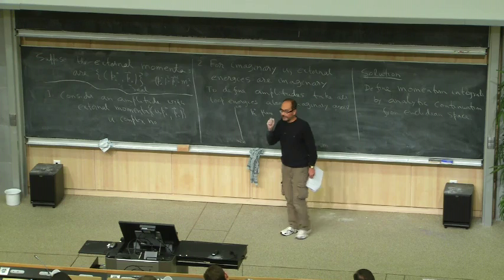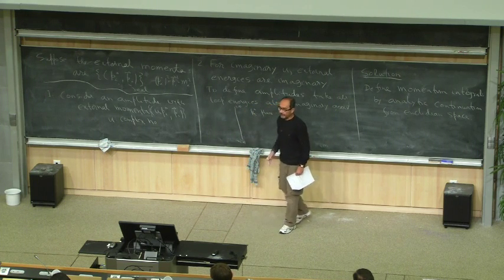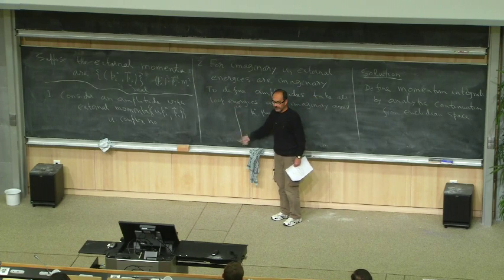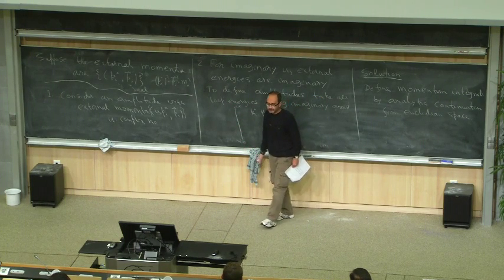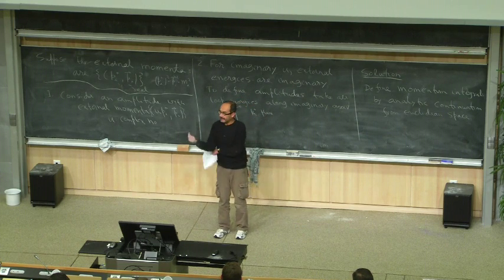But then you have to worry about whether there could be a problem from poles of the propagator, because vertices have exponential suppression, but propagators have poles. Now, you can easily convince yourself that propagator poles are also not encountered along the imaginary axis, because when external energies are imaginary and loop energies are imaginary, all the internal propagators carry imaginary energy.